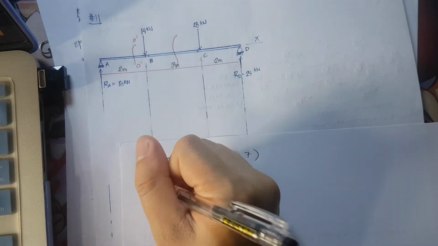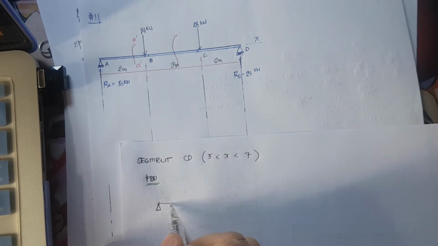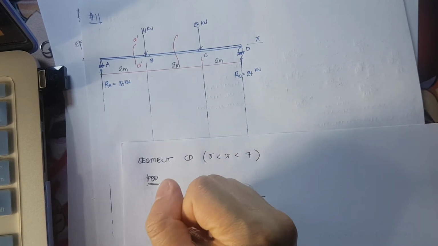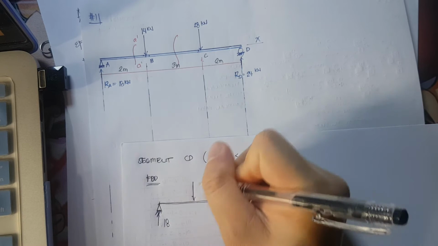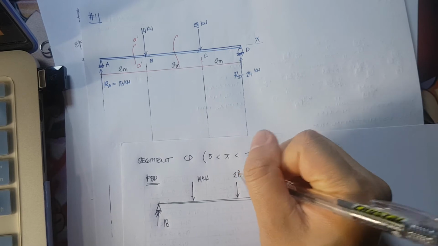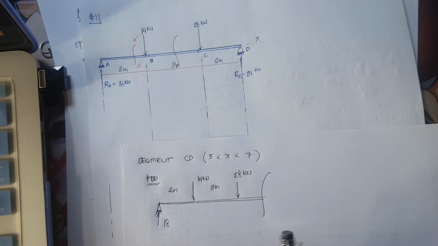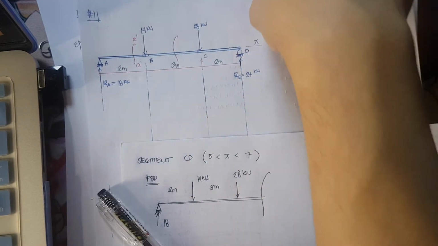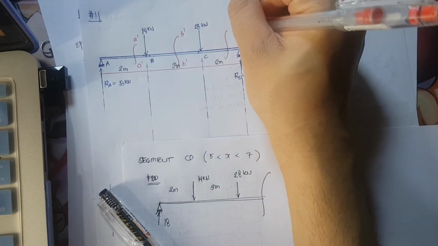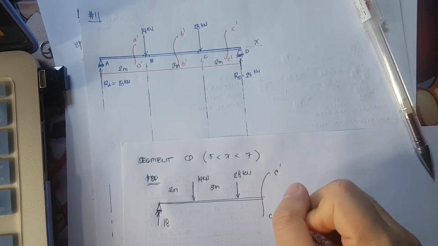Okay, so redrawing the free body diagram, we will be having 18 kilonewtons, 14 kilonewtons, and we have 28 kilonewtons, 2 meters, 3 meters, and that is our cutting plane. Okay? So let's say this is B prime plane. This is C prime. So this is the cutting plane, C prime.